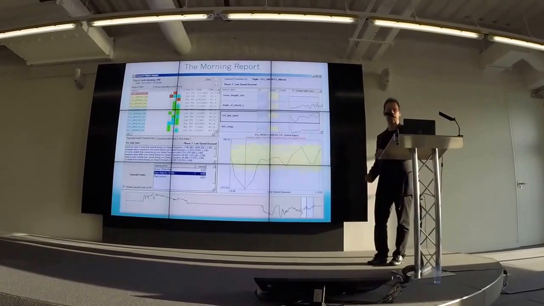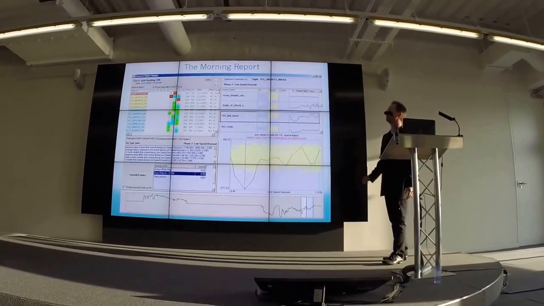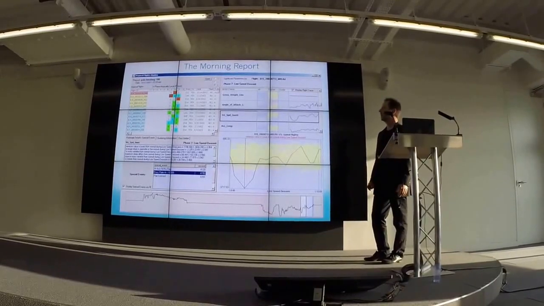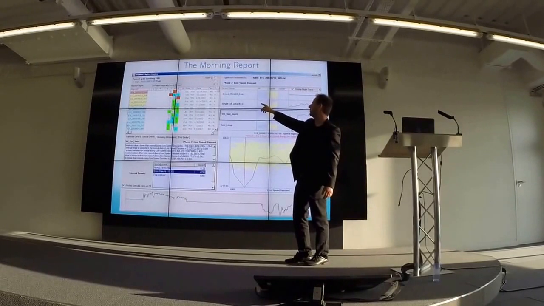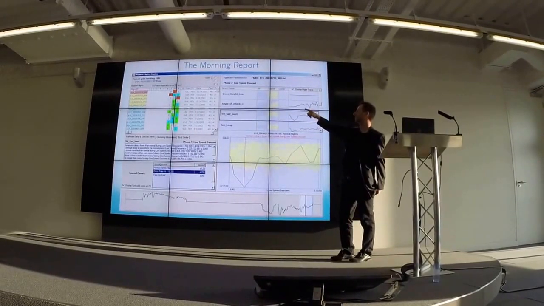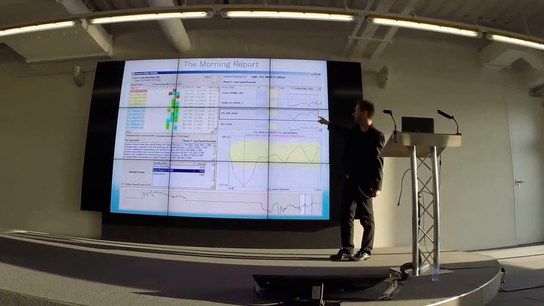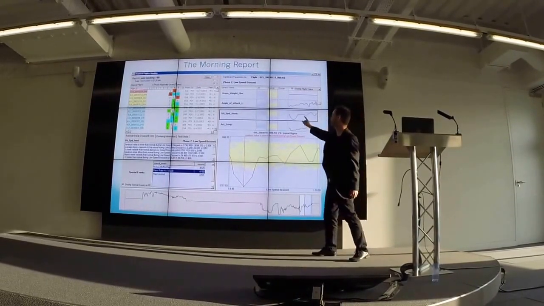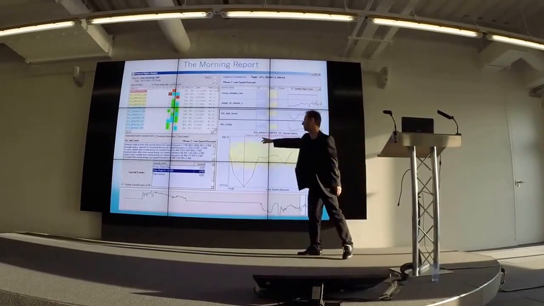And this is how it all comes together. This is the actual analyst interface for the morning report. You have the flights over there, you have the phases, you click on a phase, and you get the most atypical parameters that generated that atypicality. And then you click on a parameter and you get its performance envelope and the rationale here.